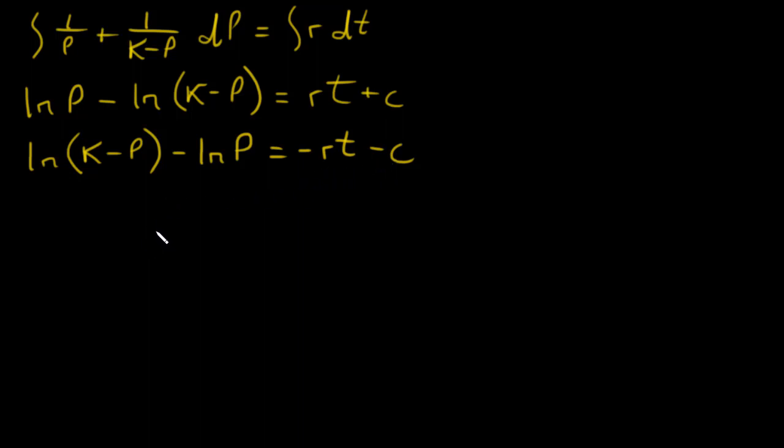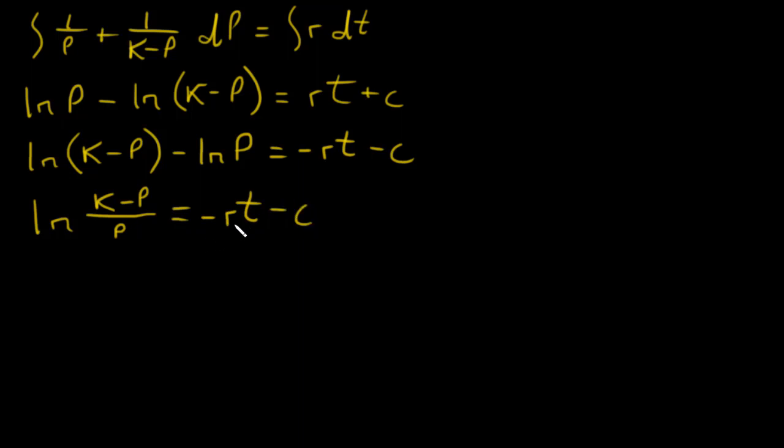Next step is I have a difference of logs here, so I can combine that into a single log. So this becomes the natural log of k minus p over p equals negative rt minus c.